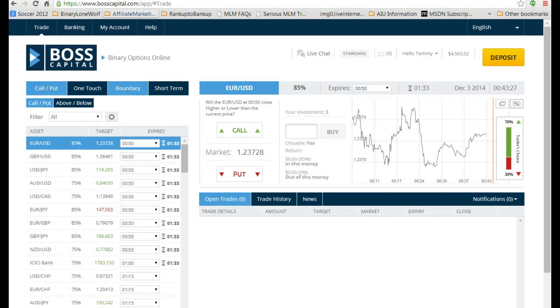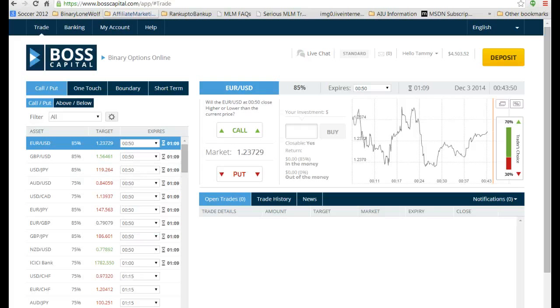Over to the left here, you will have the different types of trades that you can take. When you initially log in, it will be at the call put, which is your longer expiration times. If you click the drop-down by the asset or currency pair that you're wanting to trade, you will have different expiration times.